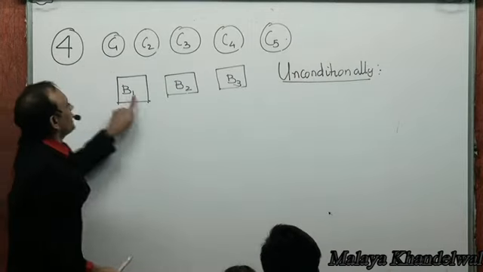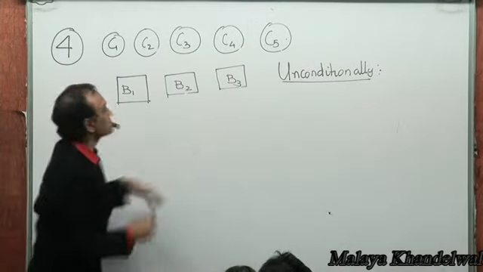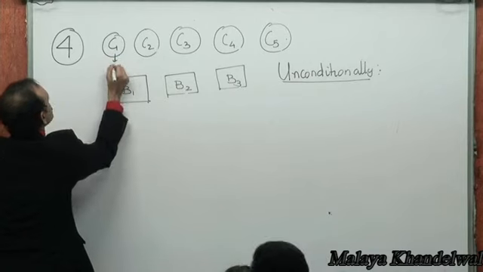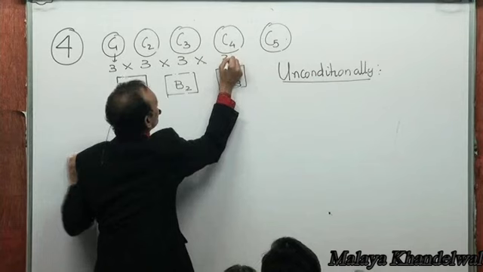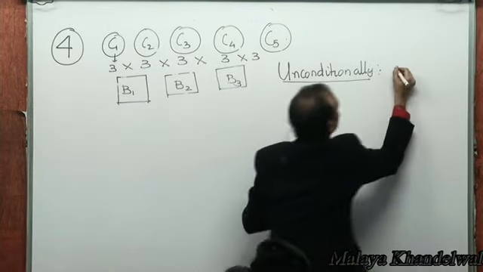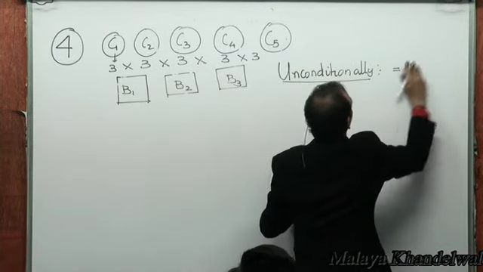C1 could be placed in any one of the 3 boxes. C2 could be placed in any one of the 3 boxes. C3 in any 3, C4 in any 3, C5 in any 3. So that makes it 3 to power 5.